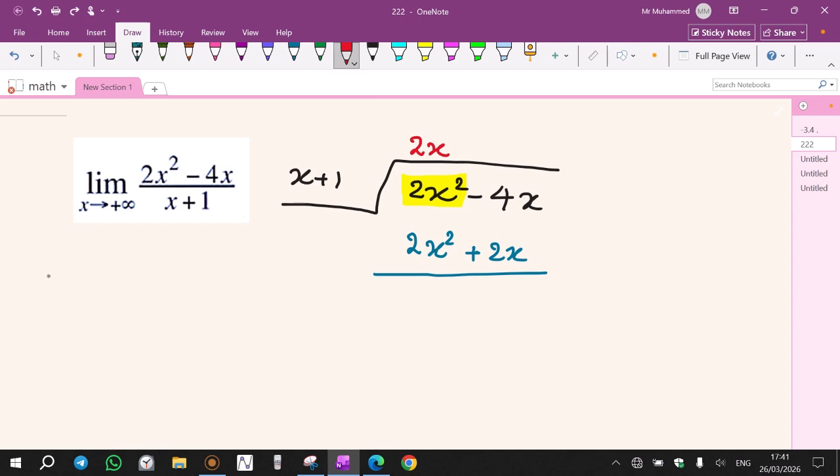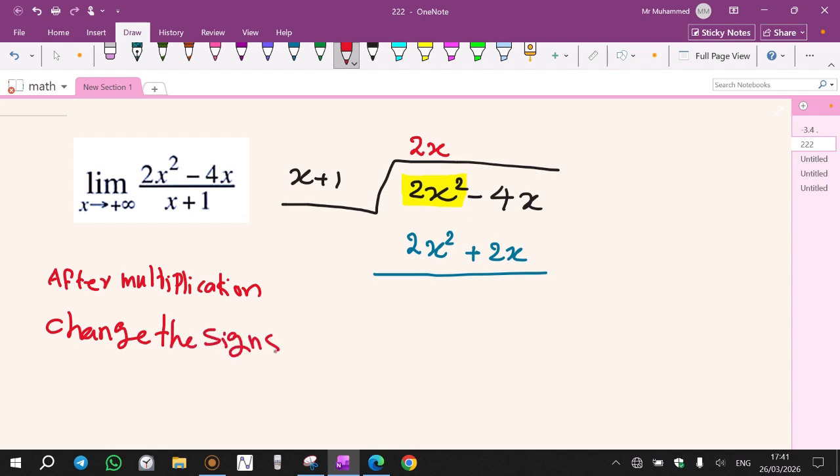We say after multiplication, change the signs. What do you mean? I mean, after you multiply 2x by both terms and we got these two results, change the sign. This 2x squared is positive and I make it negative. This 2x is positive, make it negative. Don't remove the old sign.